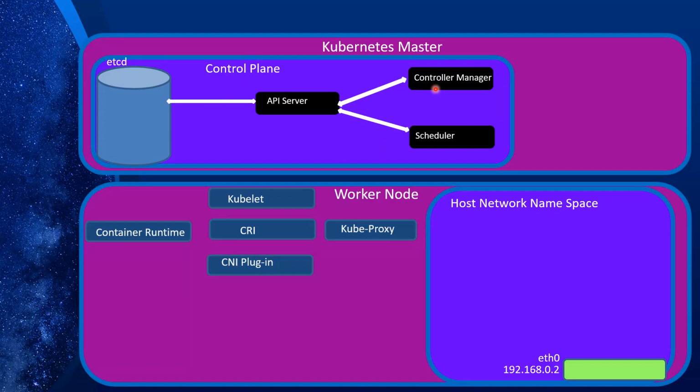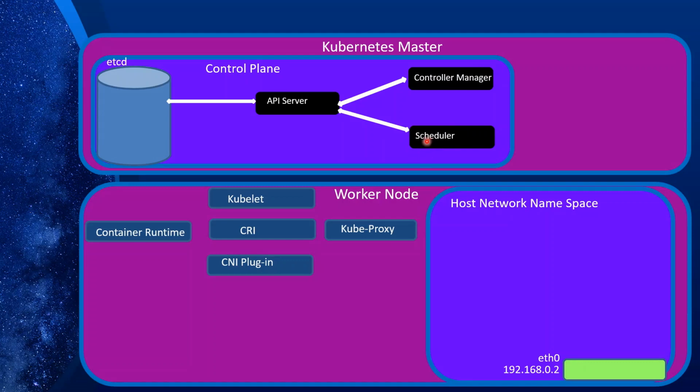When you set the temperature, you set the desired state, and it's the job of the thermostat to ensure that your temperature remains at your desired temperature. These controllers do exactly the same thing. They manage objects and make sure that those objects are at their desired state.